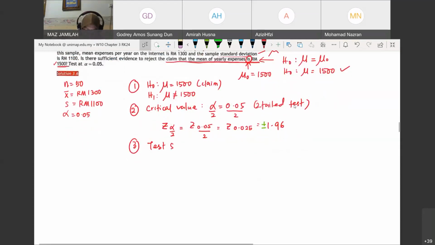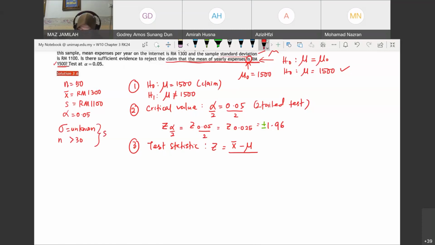Your test statistic is obtained by your Z, which is given by X bar minus mu divided by, in this case, since sigma is unknown and our N is greater than 30, we are going to estimate based on our S. So that will be S divided by square root of N.